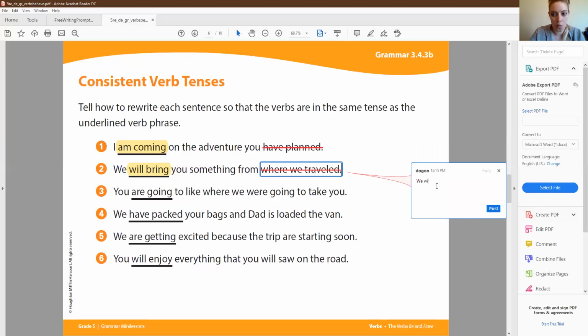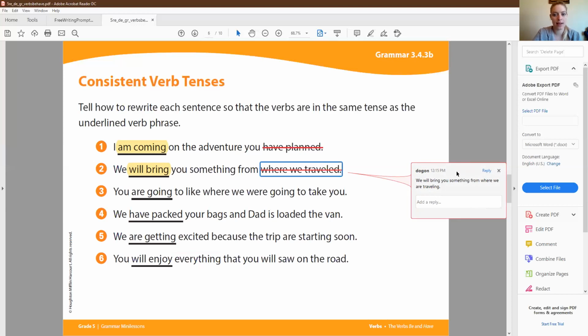So we will bring you something from where we are traveling. So will bring, again future tense, are traveling, future tense. They match up.